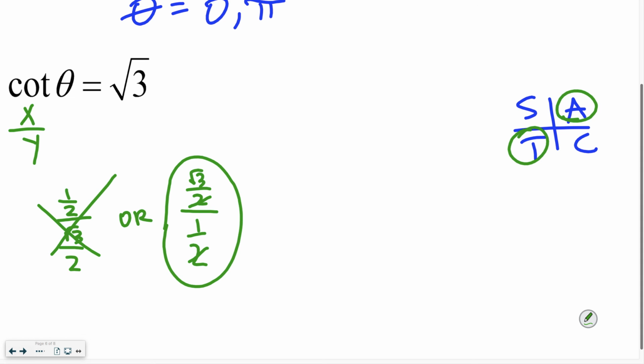Okay, well if cotangent is x over y, we need to figure out the coordinate where x is radical 3 over 2 and y is 1/2. Which angle is that? I think it's 30, right? Okay.